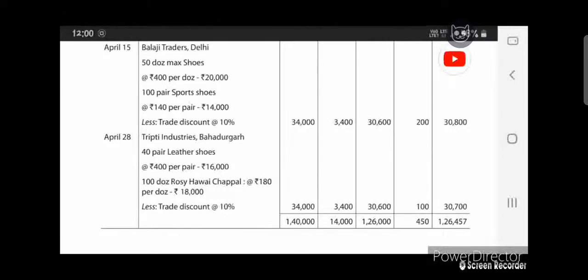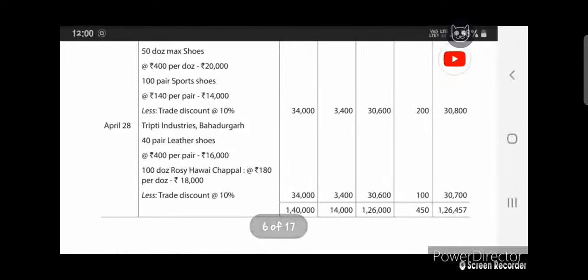The next company is on April 28th, Tripti Industries, located in Bahadurgarh. From them you have purchased 40 pairs of leather shoes at rupees 400 per pair. So 16,000 is the total amount for those 40 pairs of leather shoes.